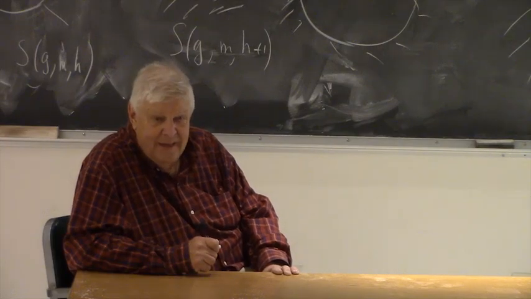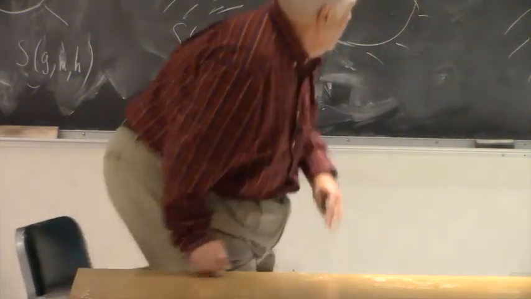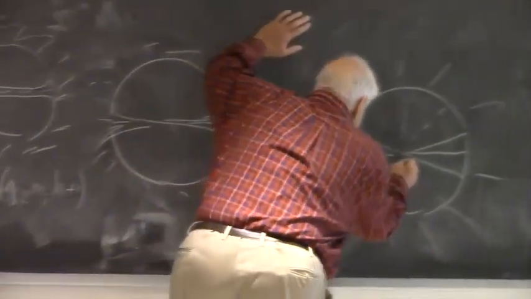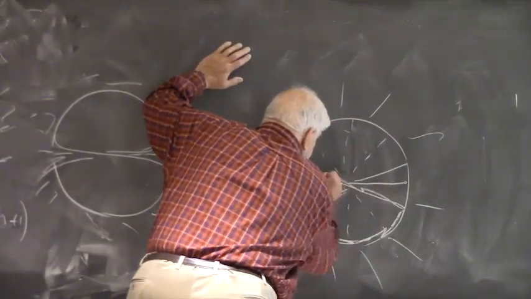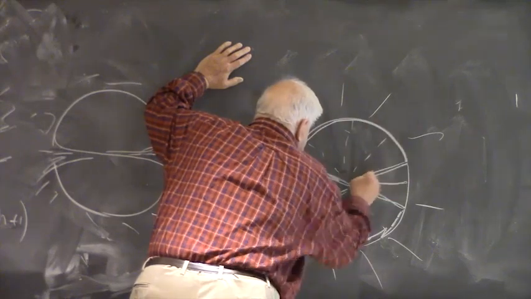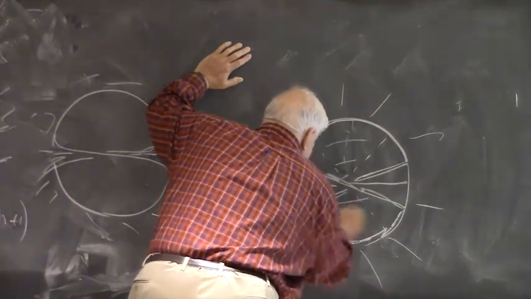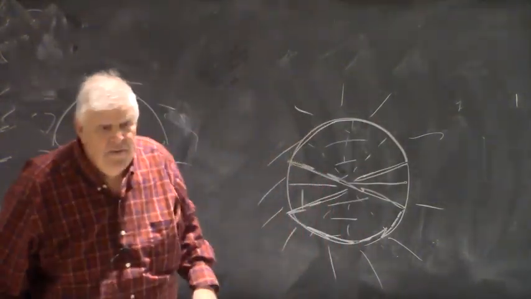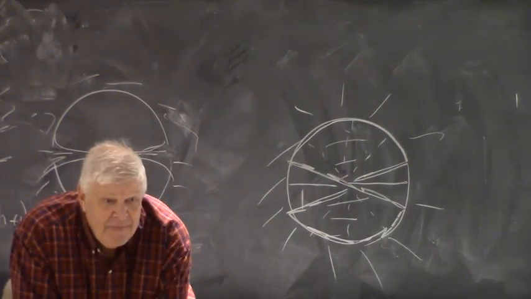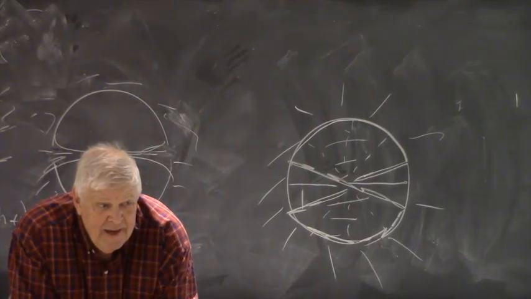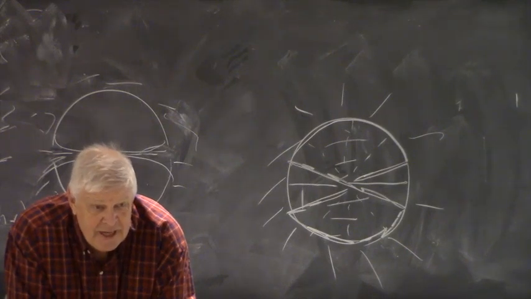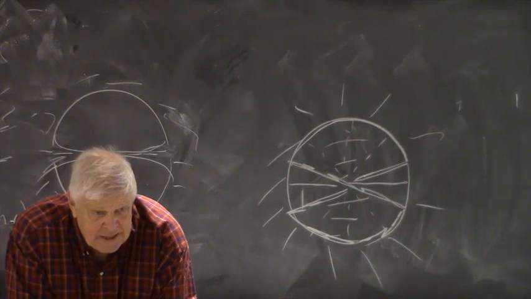We remove the thing. Right? And believe it or not, it is a disk. So my operation consists actually of two parts, attaching a Möbius band and removing a disk.